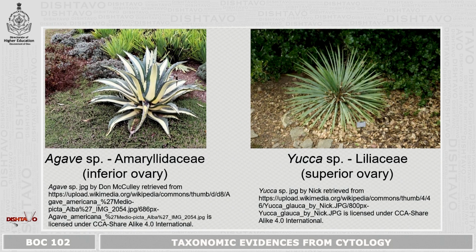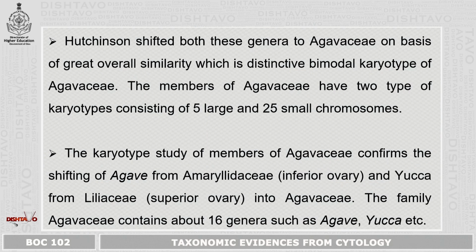Another example, students, is of agave and yucca. You can see the photographs here. Agave species, because it possesses an inferior ovary, is placed in Amaryllidaceae, whereas yucca shows superior ovary and is placed in Liliaceae. But now, Hutchinson shifted both these genera to Agavaceae on basis of overall similarity. Bimodal karyotype is seen in Agavaceae.